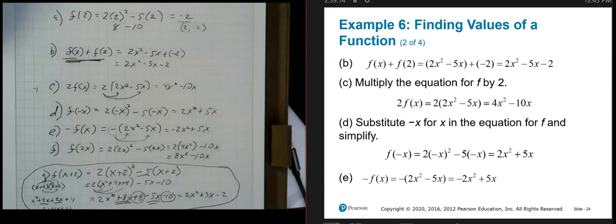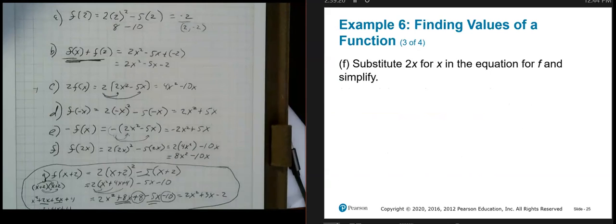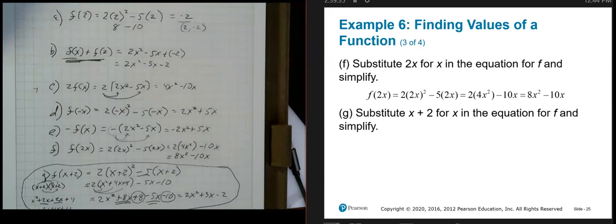And this one, we're changing all our signs because we're negating the function. Right, instead of squaring x, we're squaring 2x, instead of multiplying x by -5, we're multiplying 2x by -5. And then the substituting here.